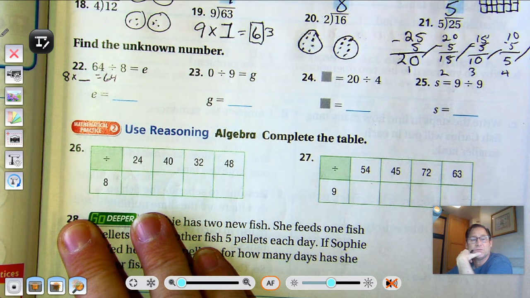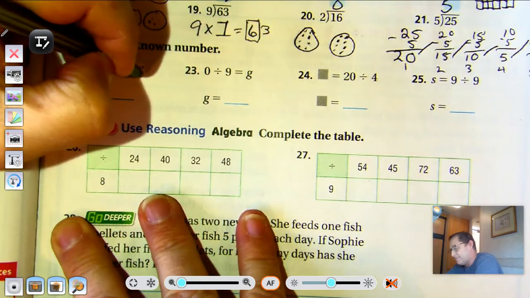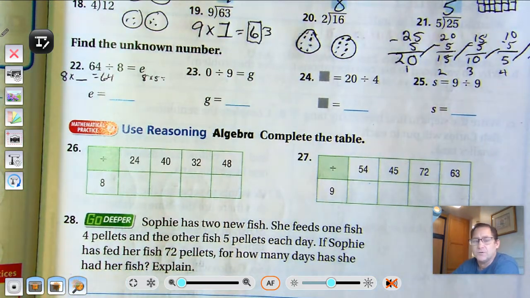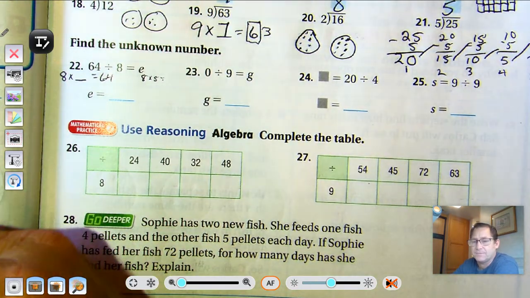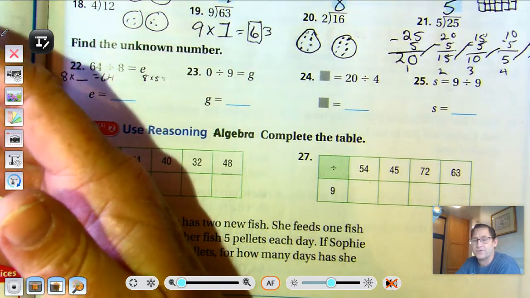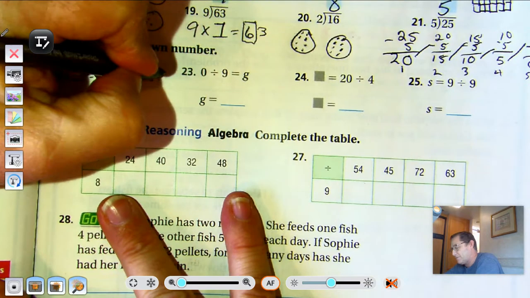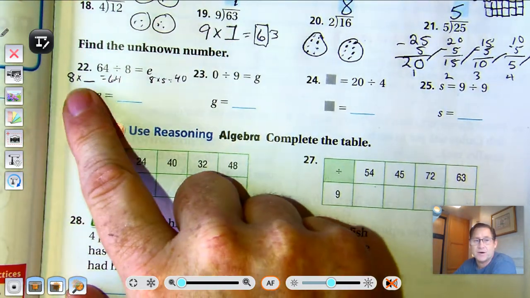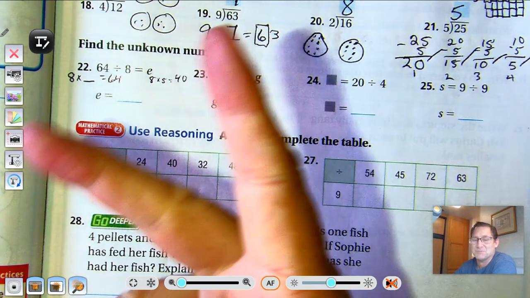Well, let's start with something we know. 8 times 5, even if I don't know what 8 times 5 is, let's start there, because we can count 5s quickly, right? 5, 10, 15, 20, 25, 30, 35, 40. So if 8 times 5 is 40, now I can keep adding 8s until I figure out what 8 times what is 64.